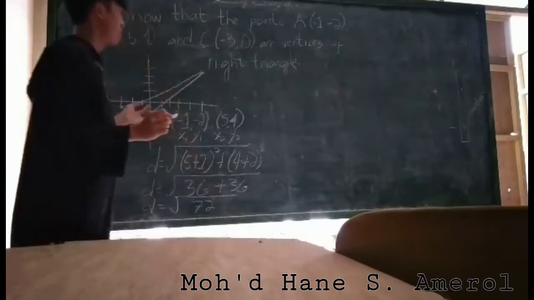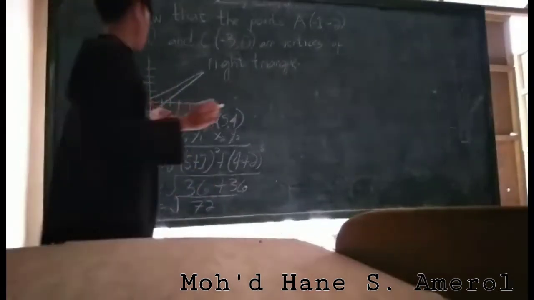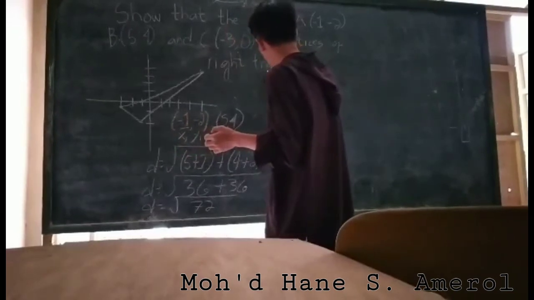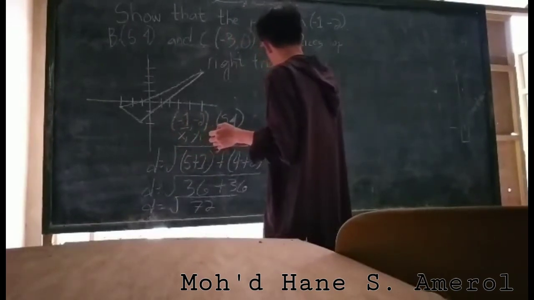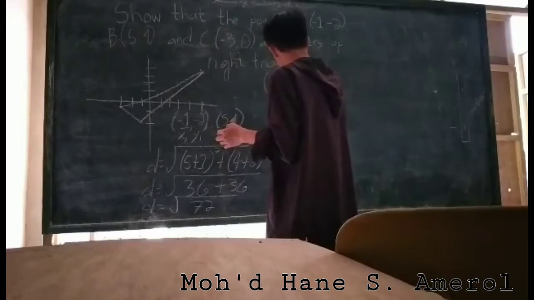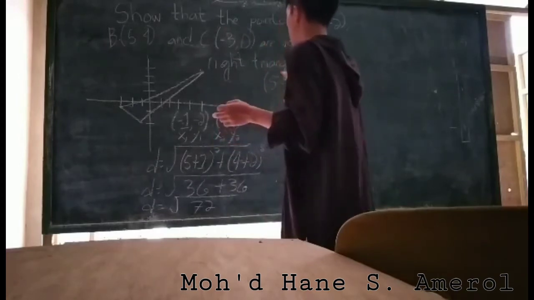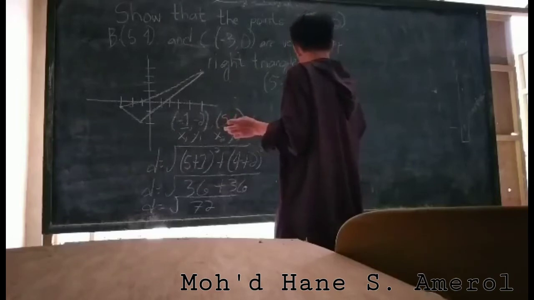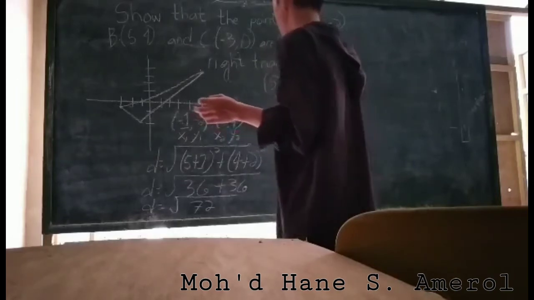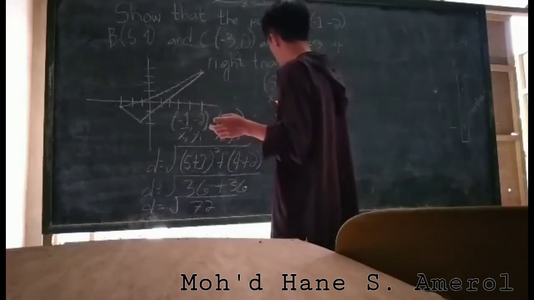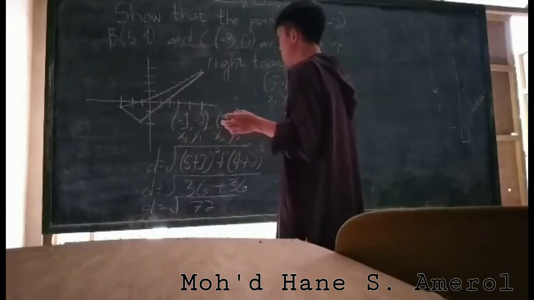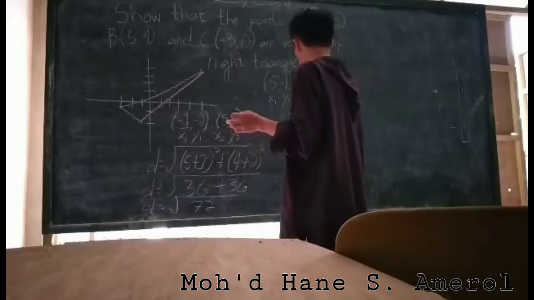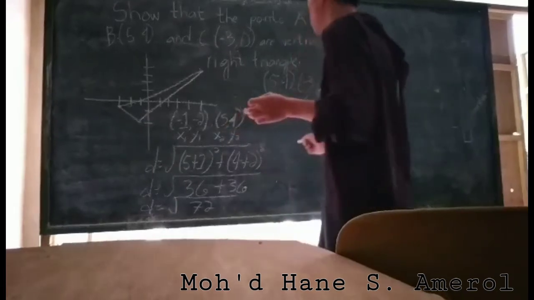And the next one is B and C. Negative 3 and 0. This is our x sub 1, y sub 1, and this is x sub 2, and y sub 2.